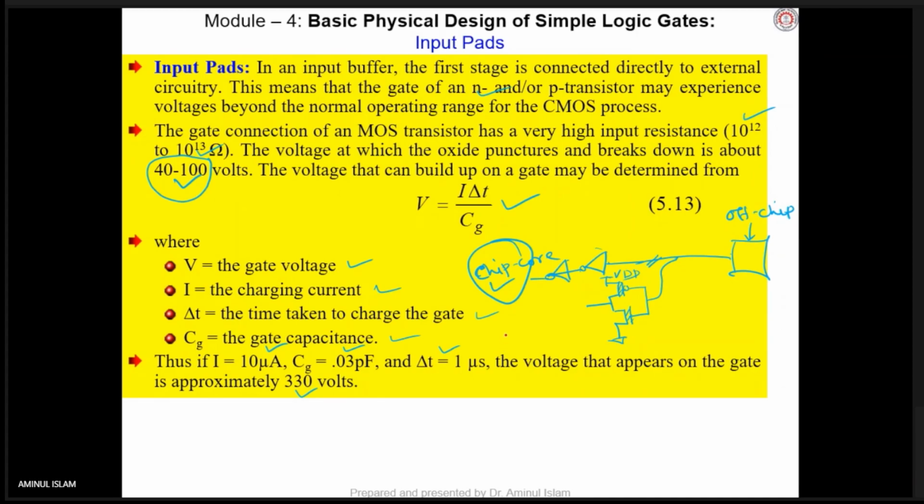Say this is your core and this is your pad, on which a pin is attached, and that pin will be connected to some other chip through off-chip interconnection. Here is your input buffer possibly. So this is the input buffer.